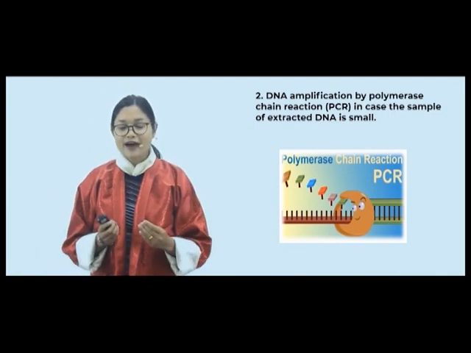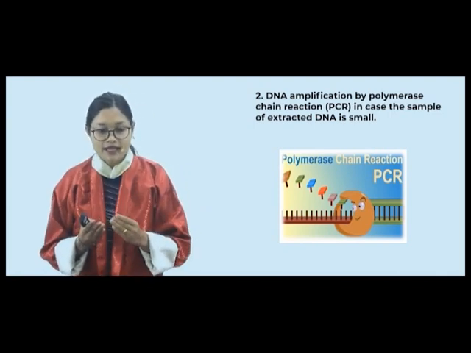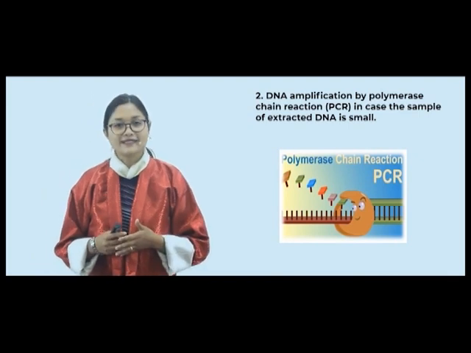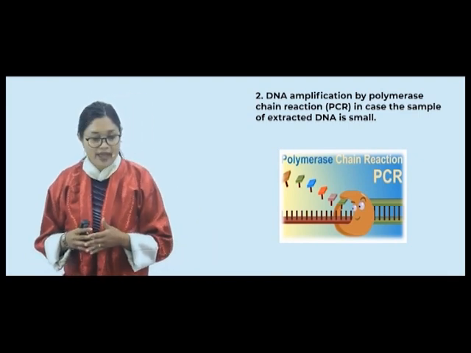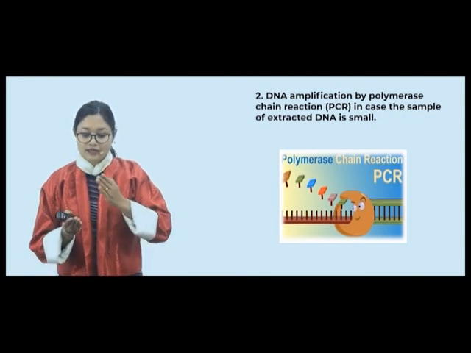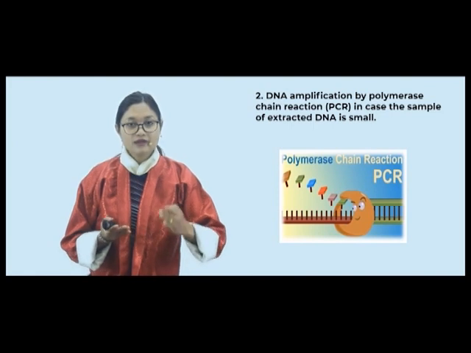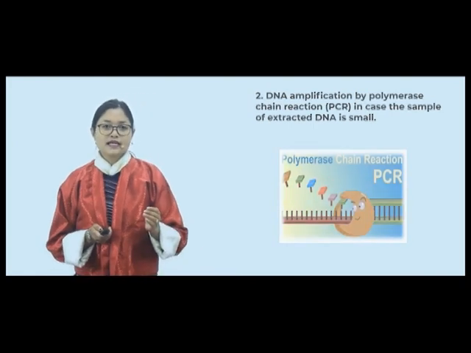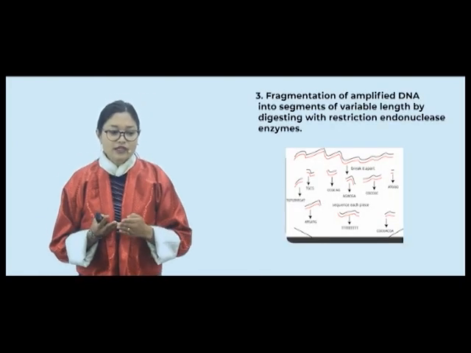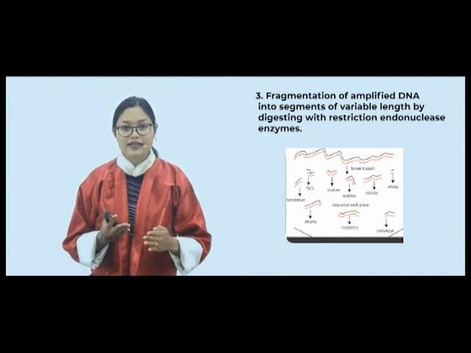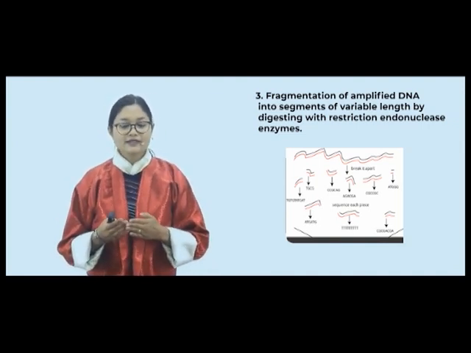To amplify, to make the small piece of DNA into a larger one, we follow a technique known as polymerase chain reaction, and through this reaction, the DNA will be added in length and it becomes a little bigger.